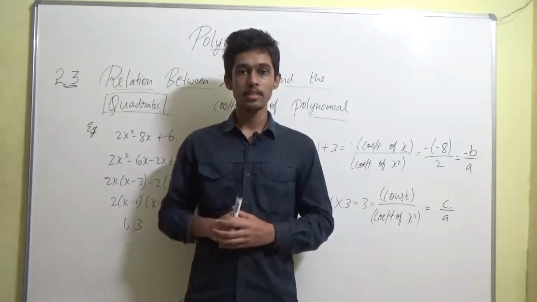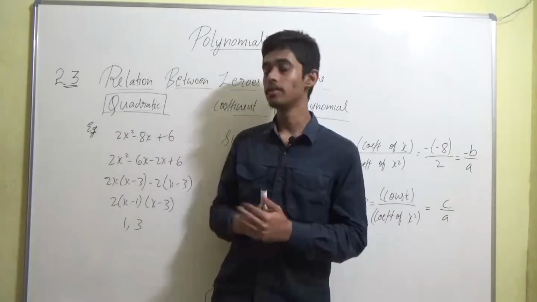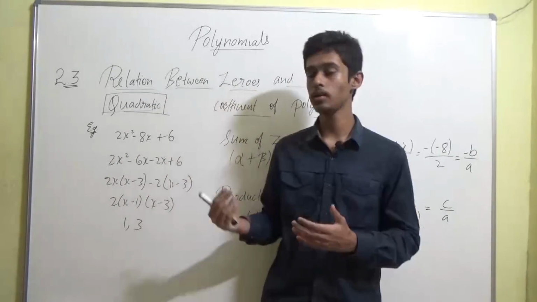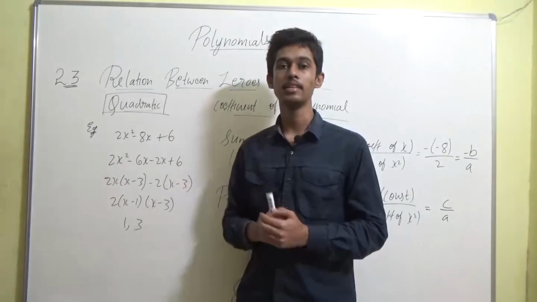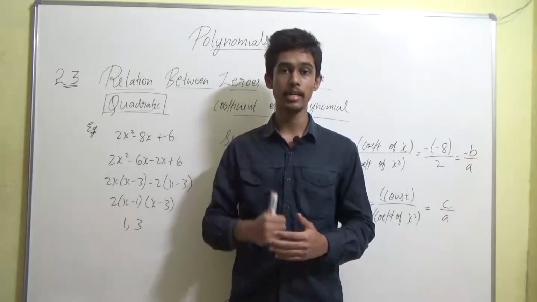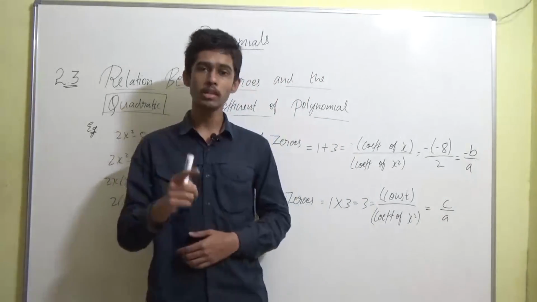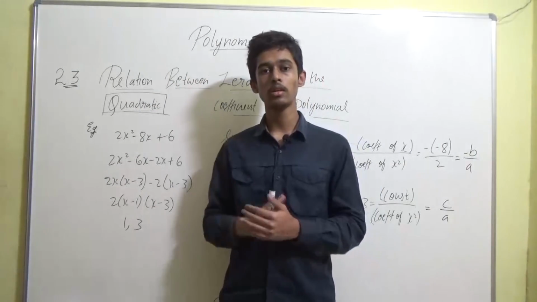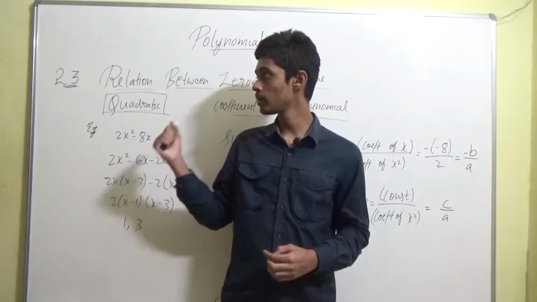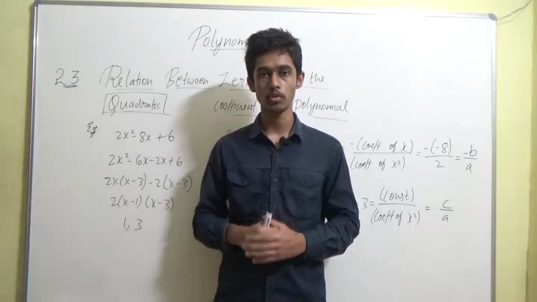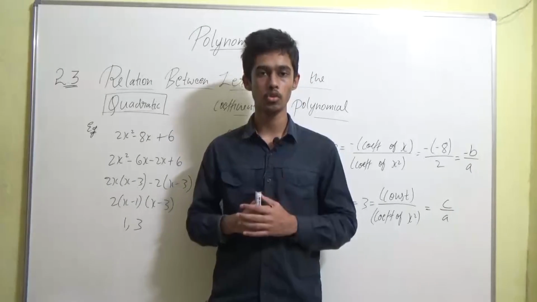So after seeing the relationship between the quadratic equation's coefficients and the zeros, let's go ahead and find the relation for the cubic. Before that, let's solve one more example on quadratic so that you become more thorough on this topic, and then we'll go to cubic.